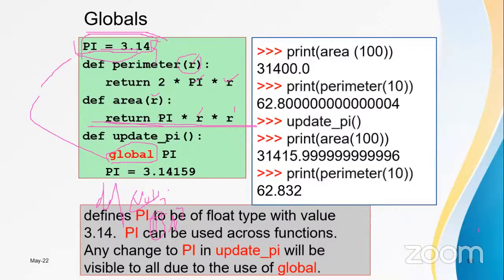Imagine that private banks like ICICI and HDFC have 9.5. They want to attract customers, so they announced 9.5. Now I can write global rate of interest R is equal to 9.5, and my rate of interest will change for all these privatized banks. That is how the global keyword is going to be very useful for us. So any questions here?